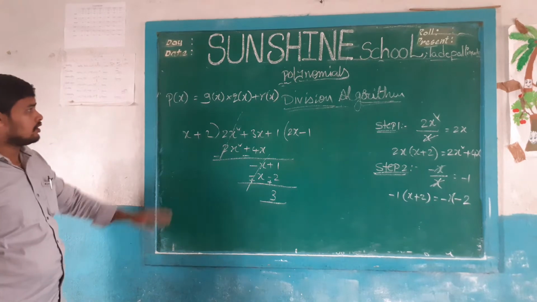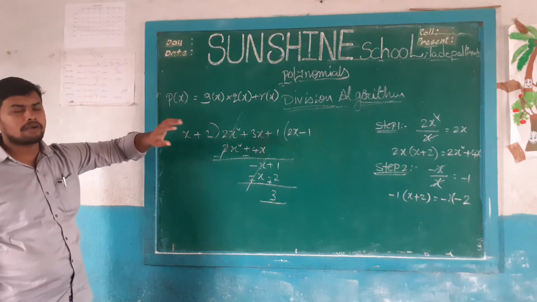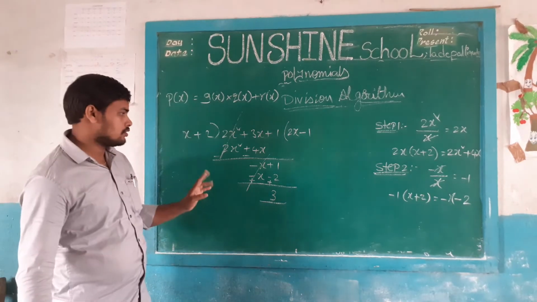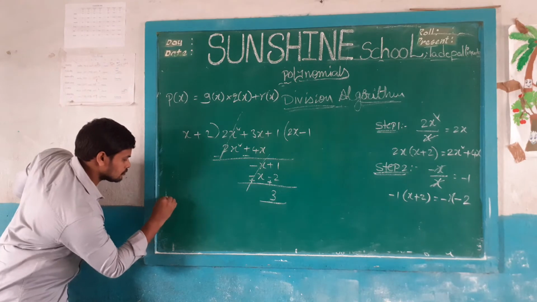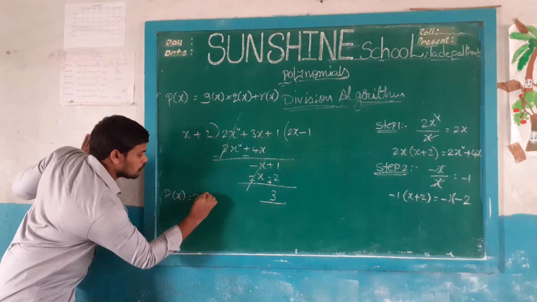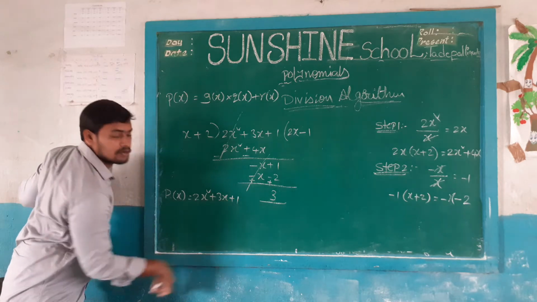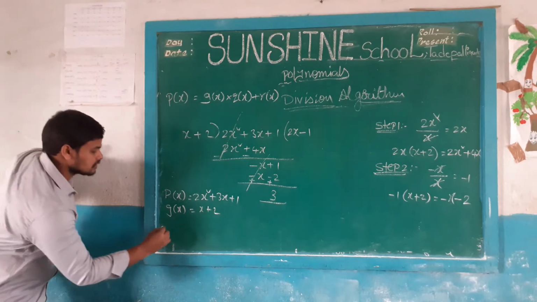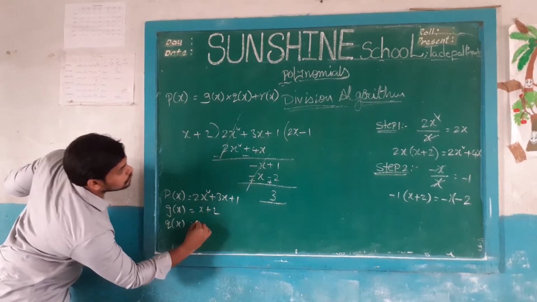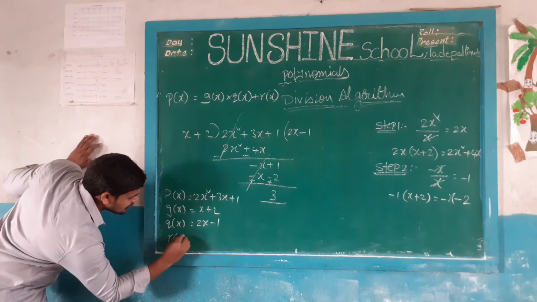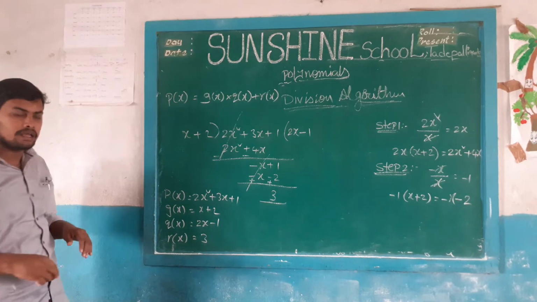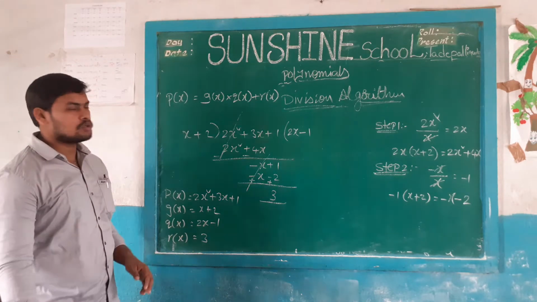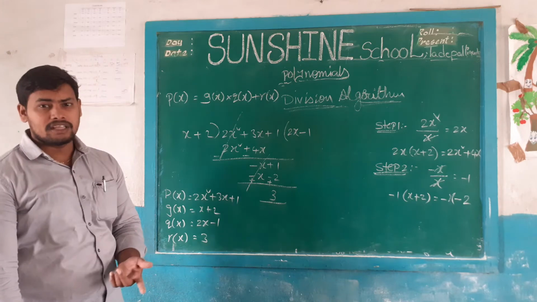So let us verify. First, what we have to do is multiply g of x with q of x. Now, p of x value is 2x square plus 3x plus 1. Next, g of x value is x plus 2. Next, q of x value is 2x minus 1. R of x value is 3. So you should verify the division algorithm.